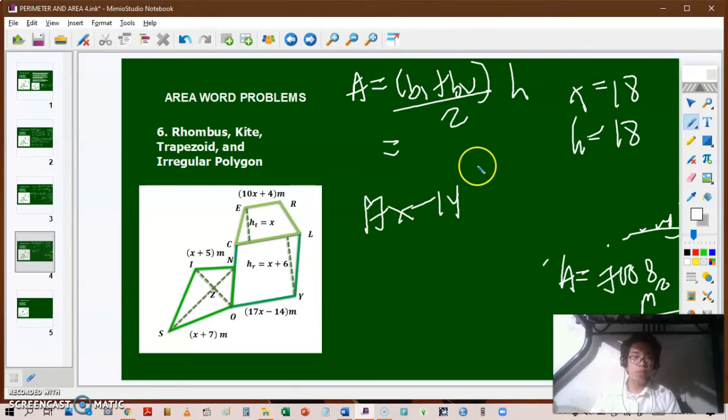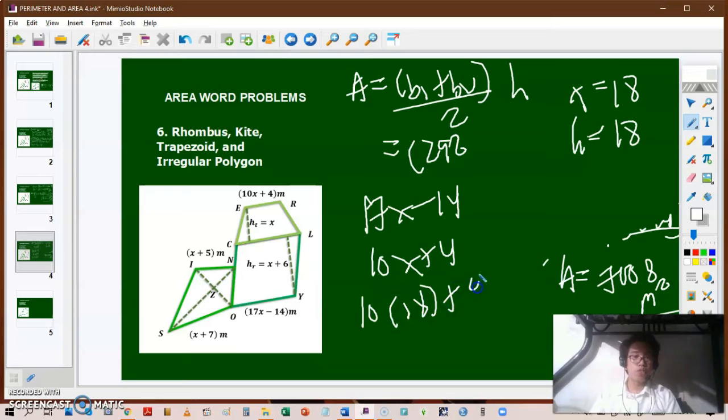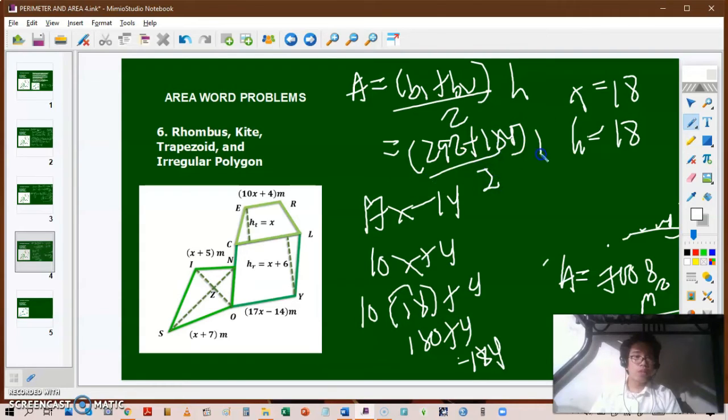So base b sub 1 is going to be 292, and then b sub 2 is 10x plus 4, and the value of our x has already been solved, so it's going to be 10 times 18 plus 4. 10 times 18 is 180 plus 4, that's going to be 184. So 292 plus 184, all over 2 times 18.